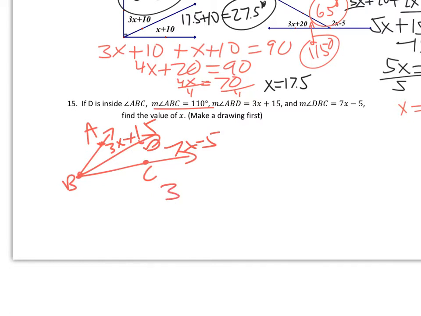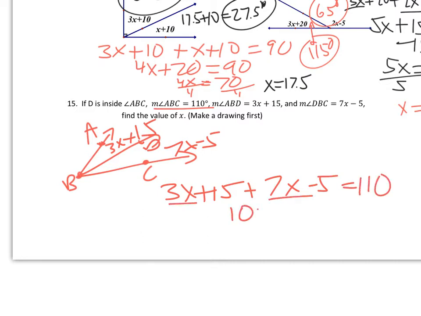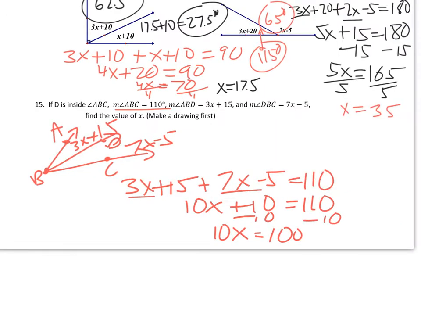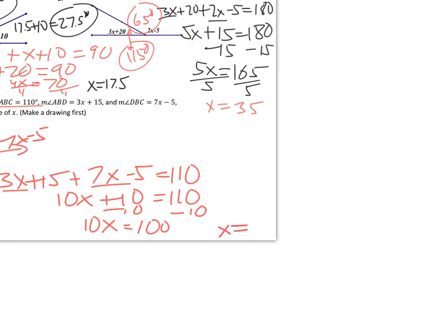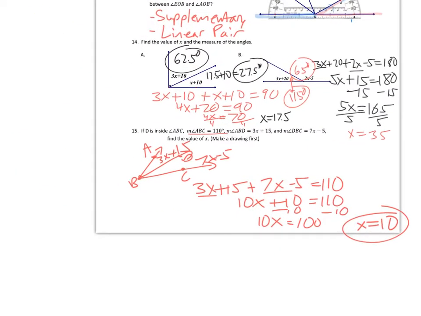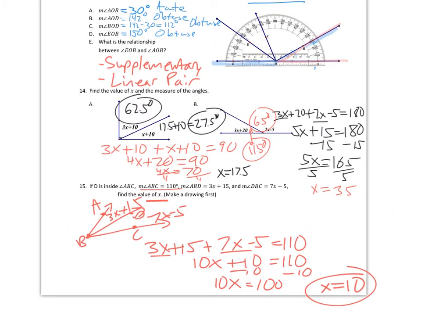So we know 3x plus 15 plus 7x minus 5 has to equal 110. So we combine, that's 10x, and 15 minus 5 is 10. Let's subtract 10, and we get 10x equals 100. And dividing by 10, we see x equals 10. A lot of 10s going on there. And we were just asked to find the value of x here. So we got it, x equals 10.